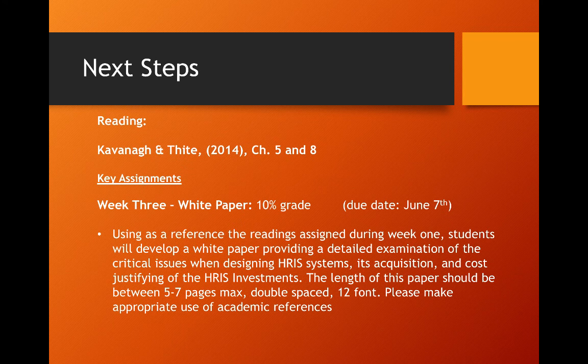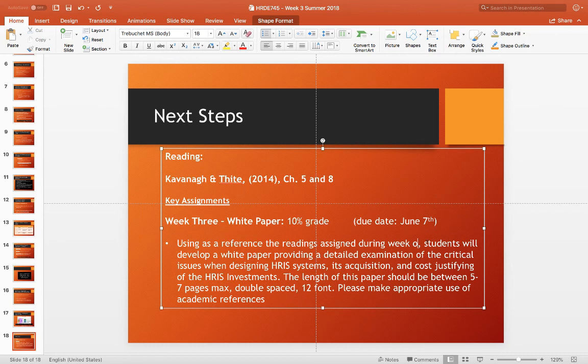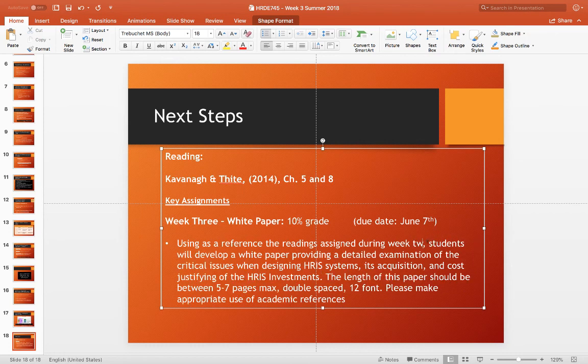Finally, the next steps. The reading is chapters 5 and 8, and, sorry, I made a mistake here. You have to focus on these chapters. Read the chapters, but then write a paper that provides a detailed examination of the critical issues when designing the HR system, acquiring the systems, and also the cost justification.